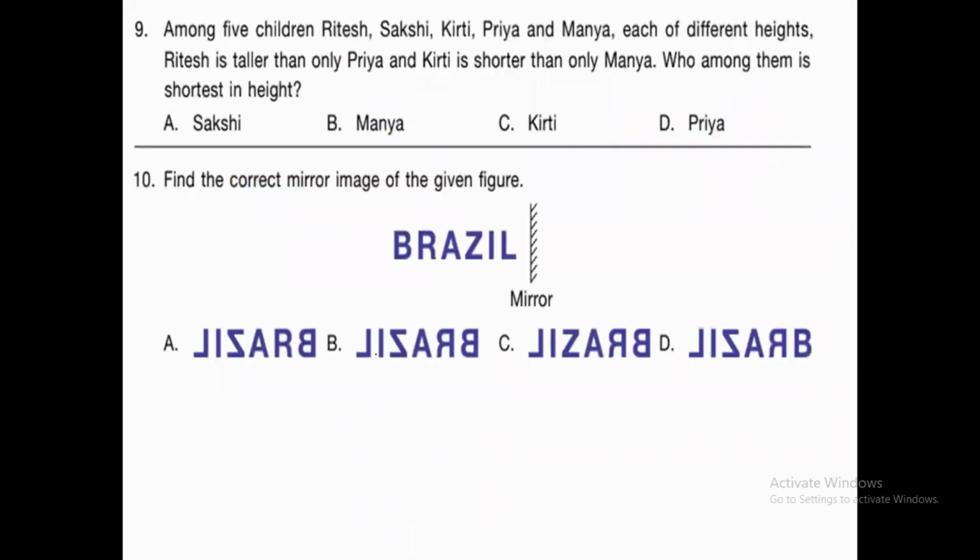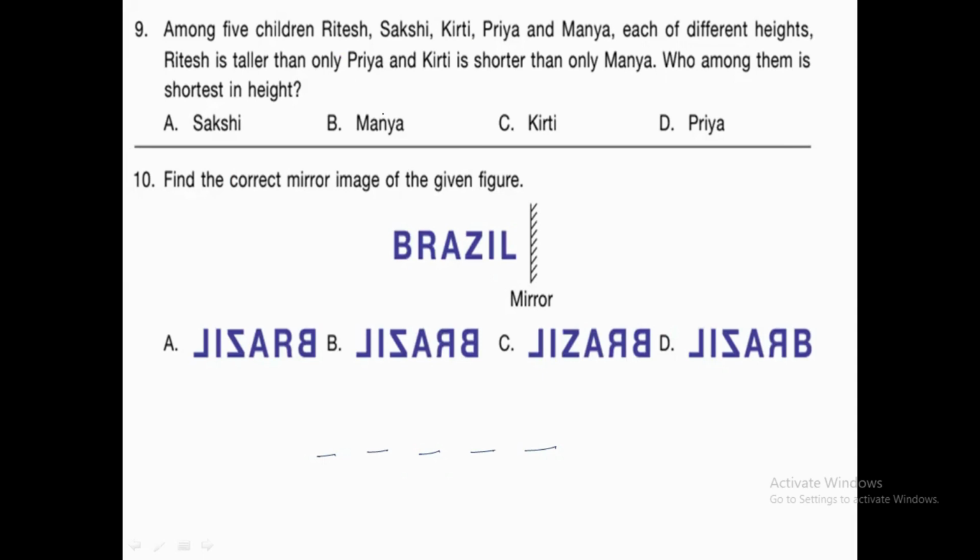So the next question that we have is: among 5 children, Ritesh, Sakshi, Kirti, Priya and Manya, each of different heights. Okay, every student has different heights. Let's see. We have 5 children: 1, 2, 3, 4, 5. Now, the question is saying that Ritesh is taller than only Priya, which means Ritesh is not going to be taller than anyone else.